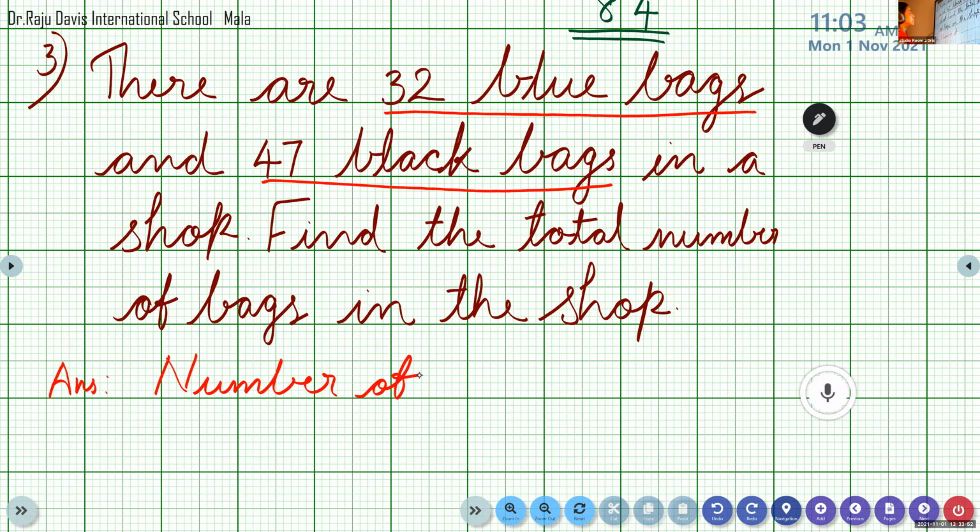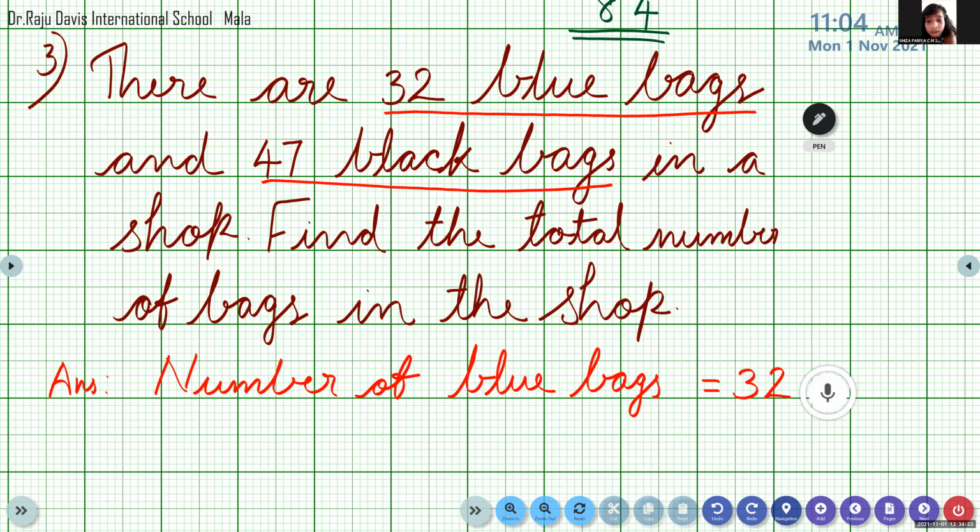If you don't have space, you can take the next page and write. Number of blue bags. How many are there? 32. So write equal to 32. Number of blue bags equal to 32.